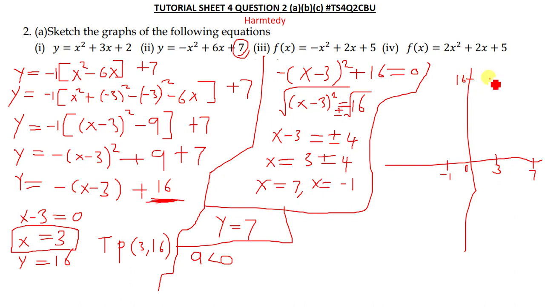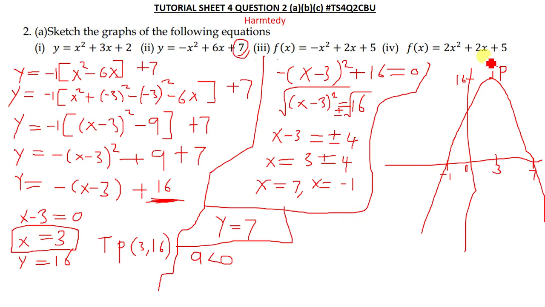So our turning point is somewhere there. So we can sketch like that. So this is our turning point. And then what else? I think this is all for sketching.